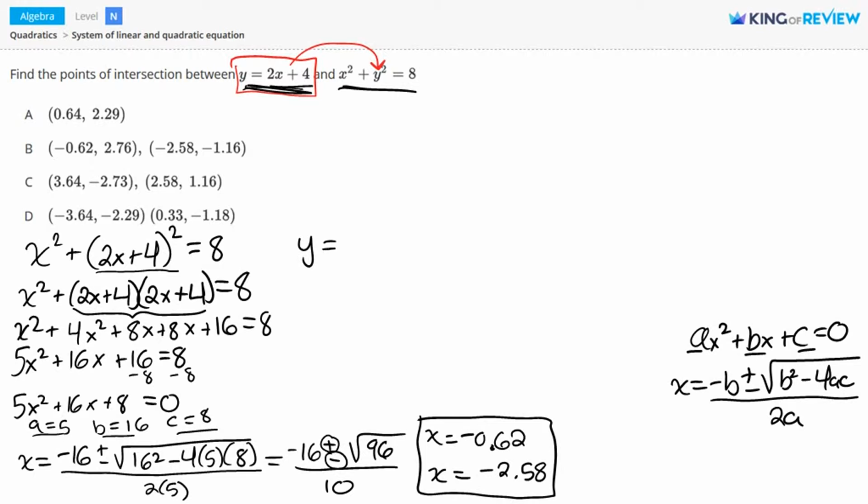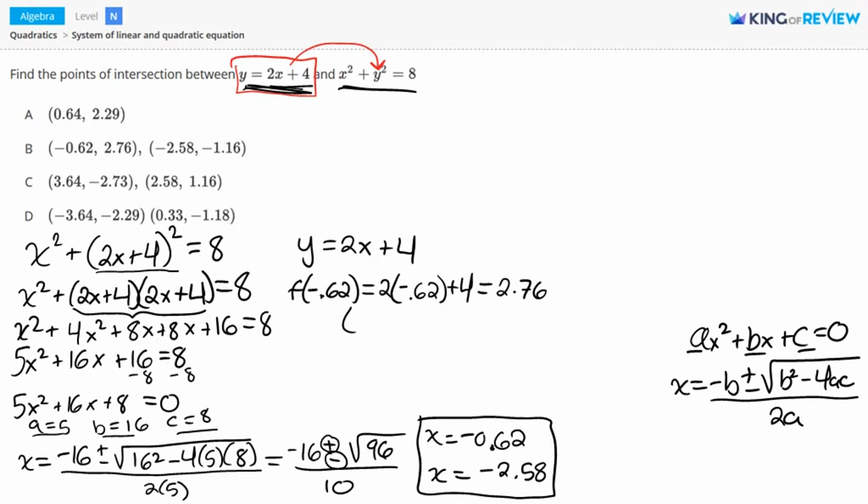That's y equals 2x plus 4. So our first x value is f of negative 0.62. This equals 2 times negative 0.62 plus 4, and this is 2.76.